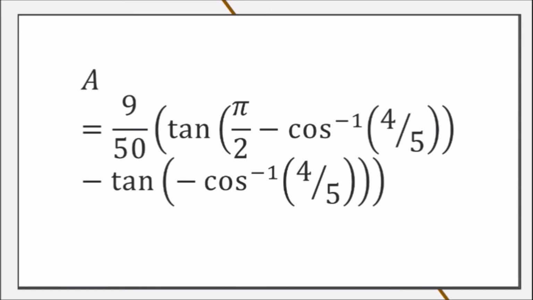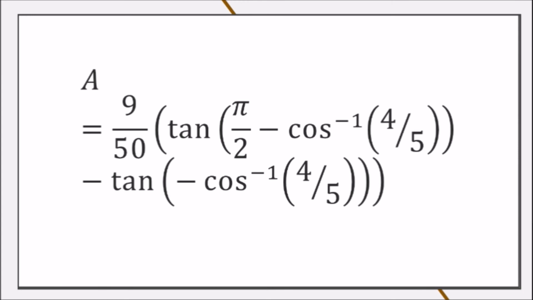So we're left with A equals 9/50 of tan of pi over 2, or a quarter tau if you don't like the rules, minus arc cos of 4/5 minus tan of minus arc cos 4/5.